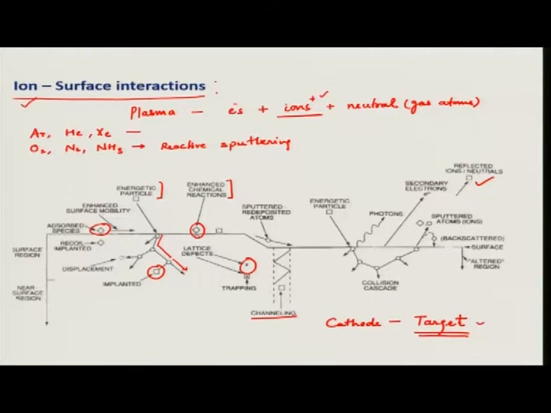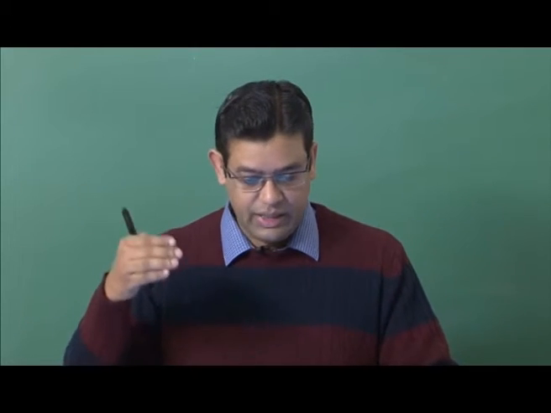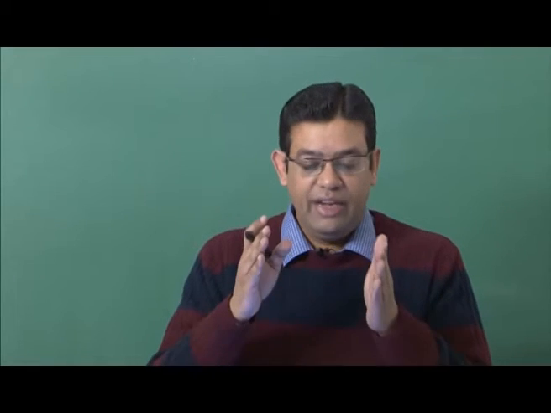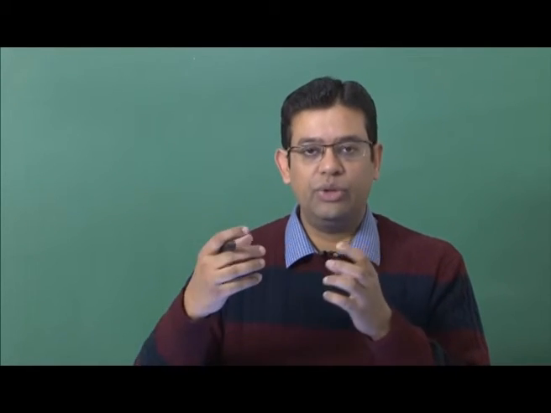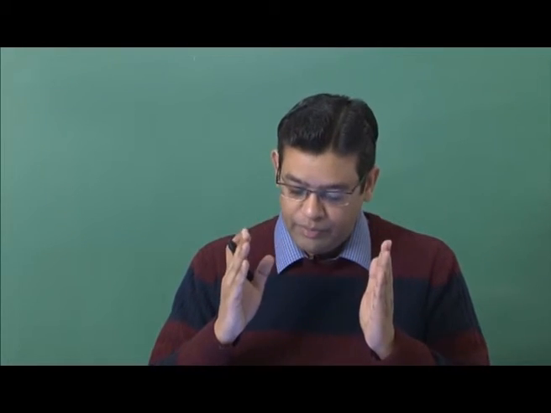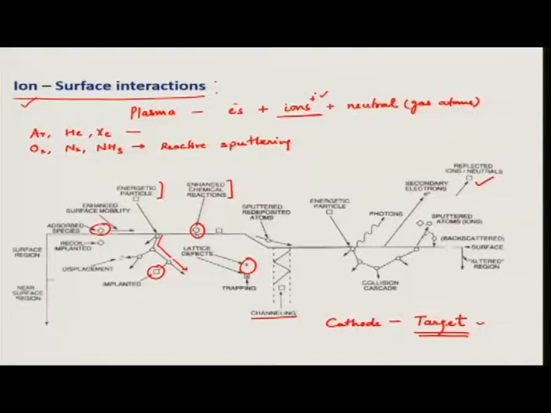Channeling is the process when these positively charged ions find a channel between two lattice planes of the target, and then they feel no resistance due to the atoms, because they are moving in between the planes of atoms of the target. So, they can just move without much resistance deep into the target, and this is a process called channeling.